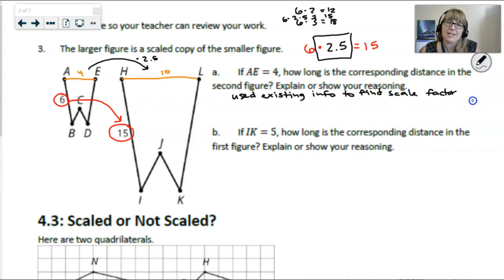And once we used that existing information to find the scale factor, then we knew what the scale factor was, so we can use the scale factor to find the other pieces of information. Remembering that we multiply with our scale factor. Use scale factor to multiply and find new distances.